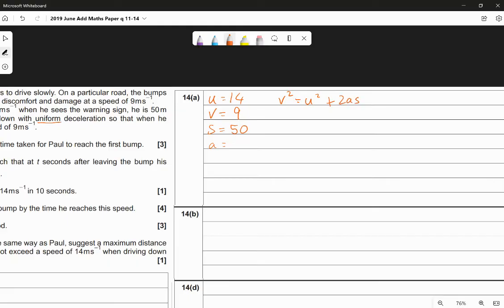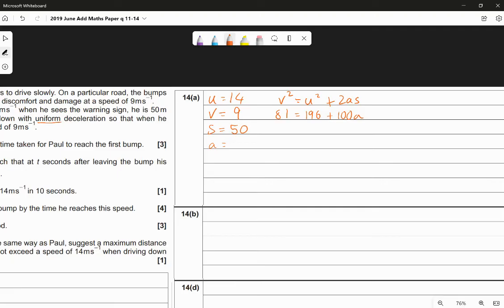If we substitute all those in, we get V squared, which is 81, equals U squared, which is 196, plus 2 times A times S, which is plus 2 times A times 50, which is plus 100A.